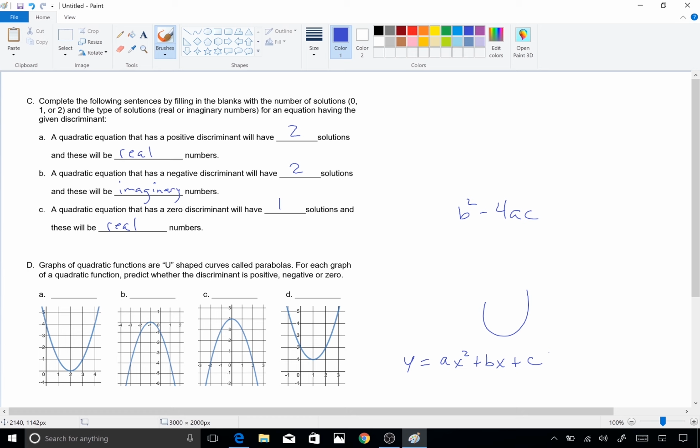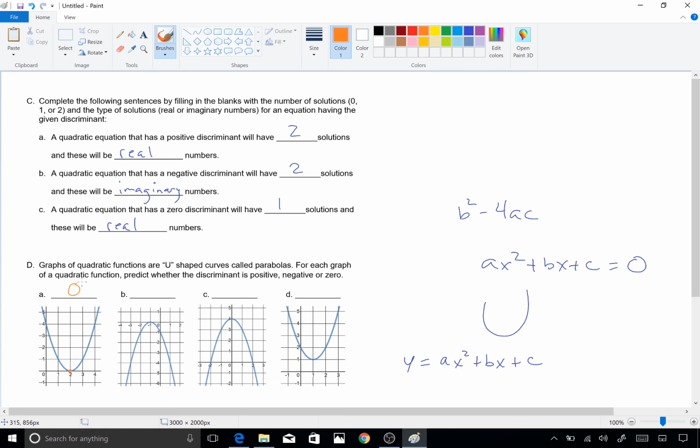When y equals 0, that corresponds to the solutions of the quadratic equation. For A, y equals 0 when x equals 2. That's the only time it happens, so that must mean ax squared plus bx plus c equals 0 only when x equals 2. That's one solution. The discriminant must be 0.